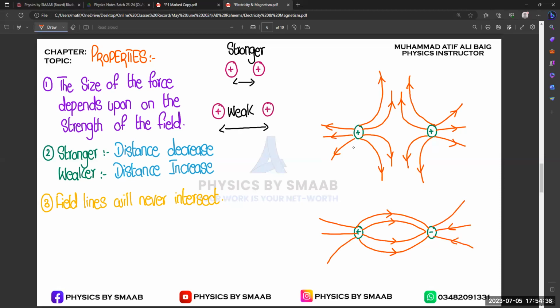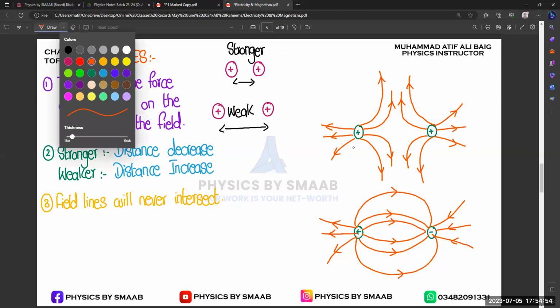Radially inward for the negative and radially outward for the positive. So this will be a field diagram for same charges and for unlike charges, right?